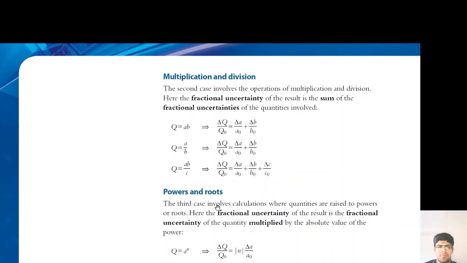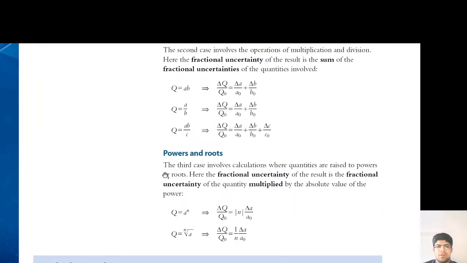Okay, now the power and roots. The third case involves calculation where the quantities are raised to a power or roots. Here, the fractional uncertainty of the result is the fractional uncertainty of the quantity multiplied by the absolute value of the power. So q equals a raised to power n.